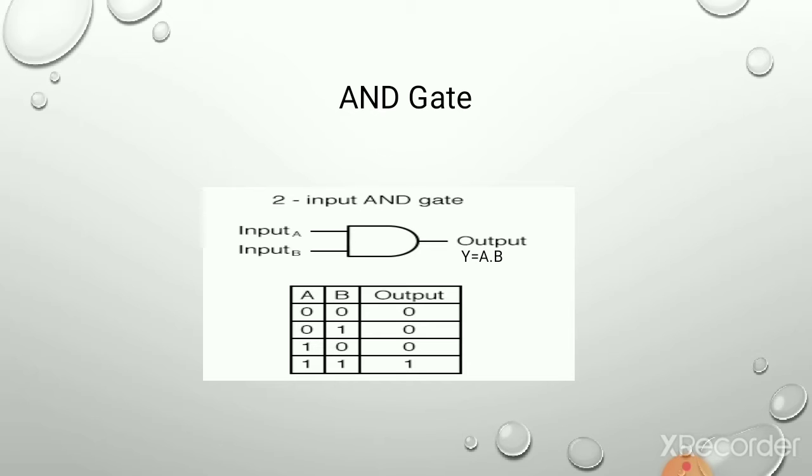The expression relating the two inputs A and B and output Y of a gate is called the Boolean expression. The Boolean expression for AND gate is Y = A · B, where the dot between A and B represents multiplication.